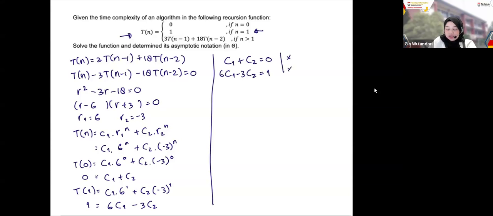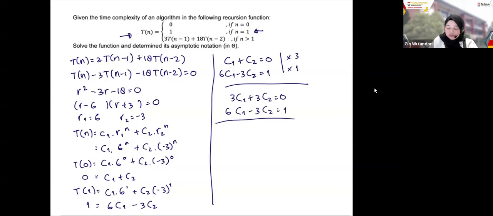We can multiply the lower equation by 1 and the upper one by 3, for example. So we have 3C1 plus 3C2 equals 0. And if we add them, we have 9C1 equals 1. So C1 is equal to 1 over 9.